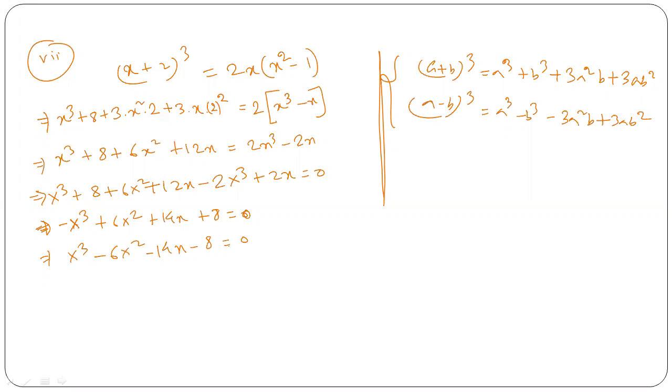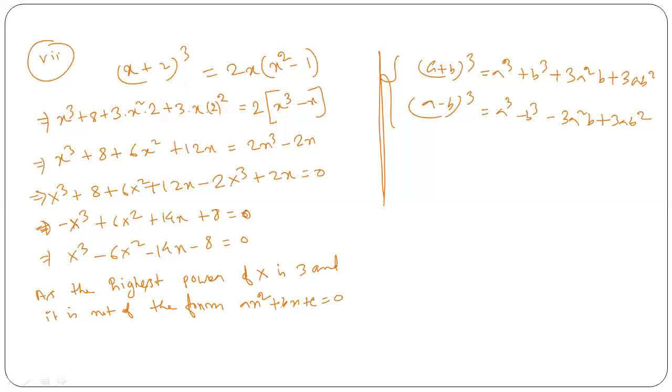Now see, is it a quadratic equation? No, because the highest power is 3, so it is not a quadratic equation. So write down: as the highest power of x is 3, and it is not of the form ax² + bx + c = 0.